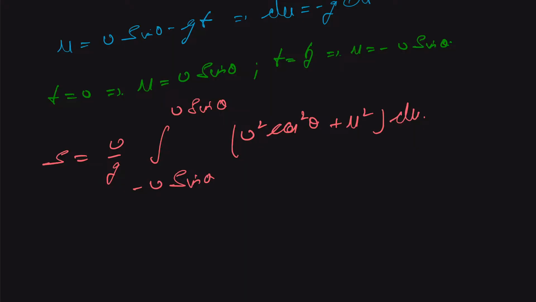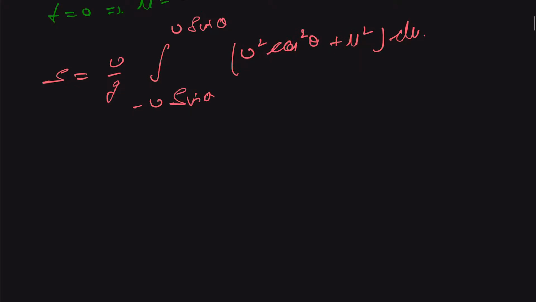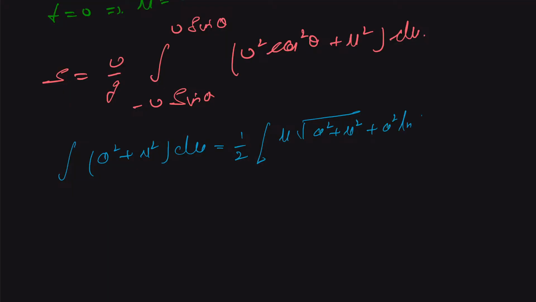Okay, now it is easy to solve. We are going to use the general formula of the integral of square root of a square plus u square du. This gives us 1 by 2, u times square root of a square plus u square, plus a square natural log of u plus square root of a square plus u square.